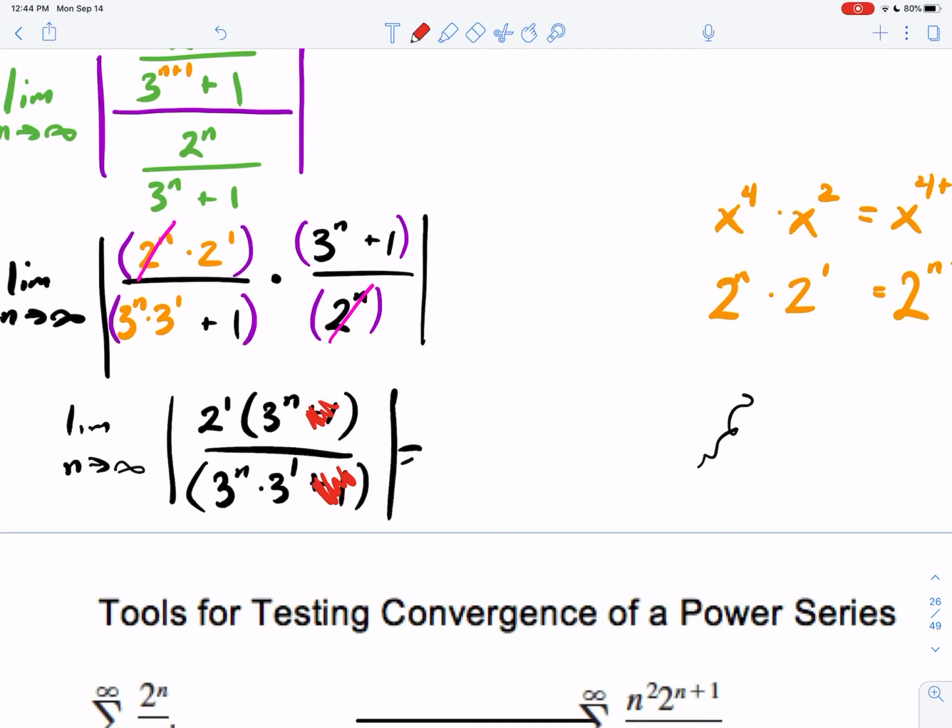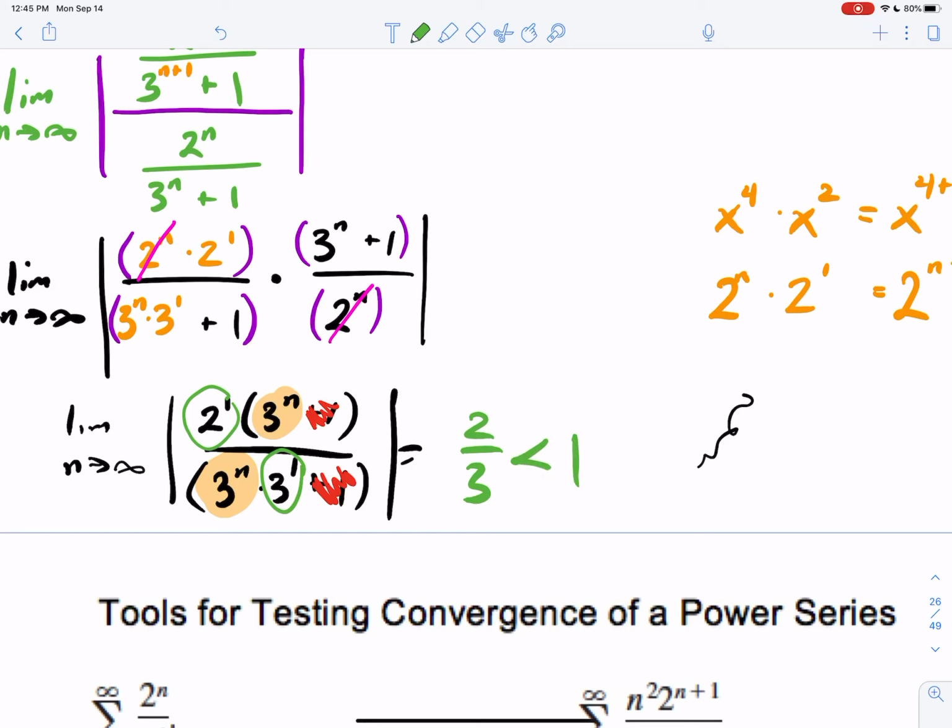So if you notice, they are both traveling at the same exponential speed. So we are actually going to look at the coefficients. So this here actually comes out to 2/3. All right, which is definitely less than 1.